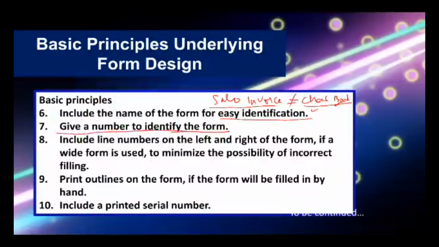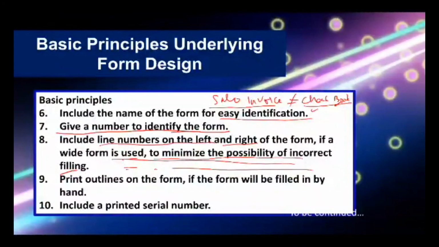Okay, and then 8, include line numbers on the left and right of the form if a wide form is used, to minimize the possibility of incorrect filling. Sometimes people have difficulty knowing the line.